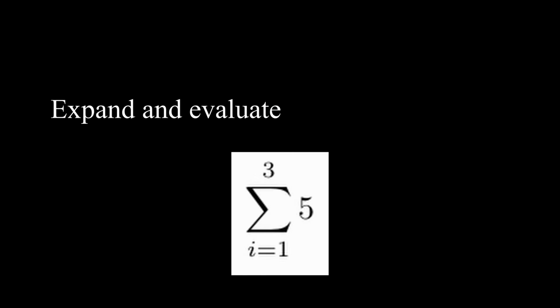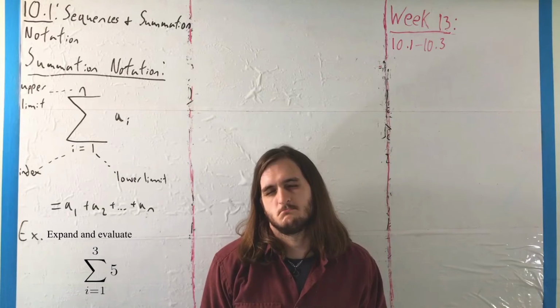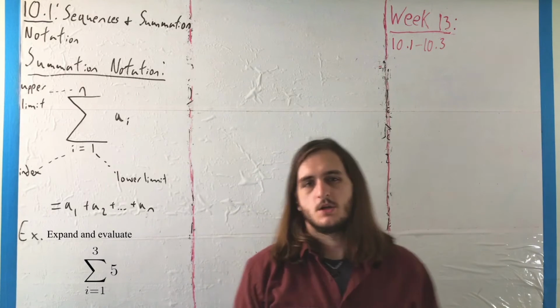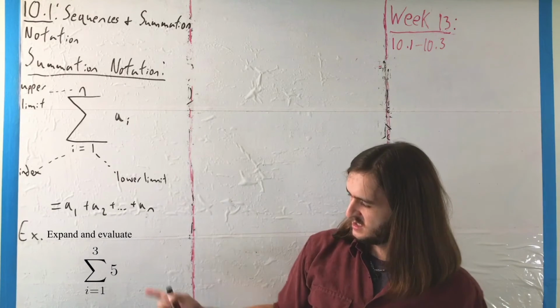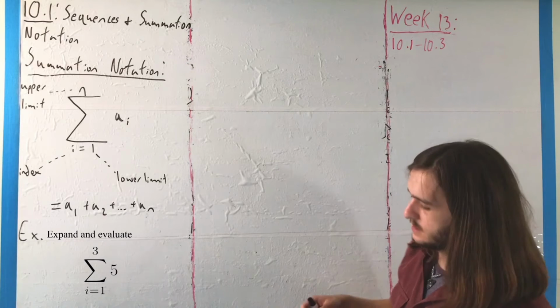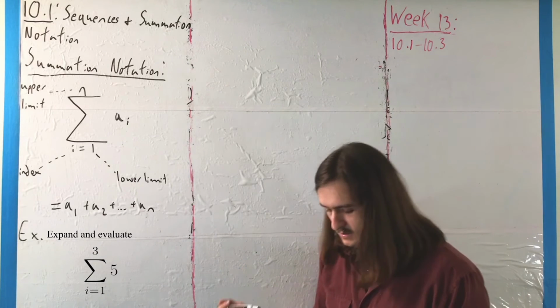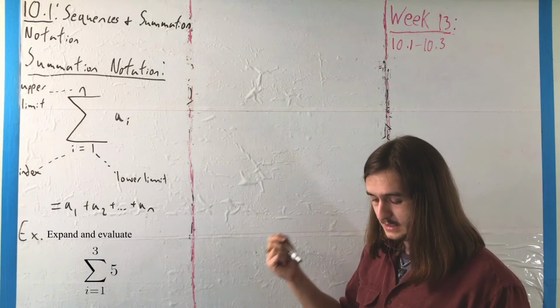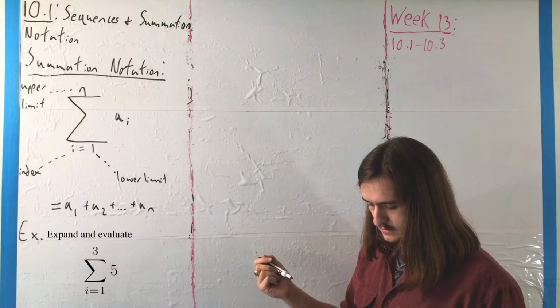So for our second example, we want to expand and evaluate the sum from i equals 1 to 3 of 5. It's a bit funky. But what we should be careful of here is to note that this doesn't just say take 5 and that's it. This says we are looking at a pattern of 5s added 3 times.